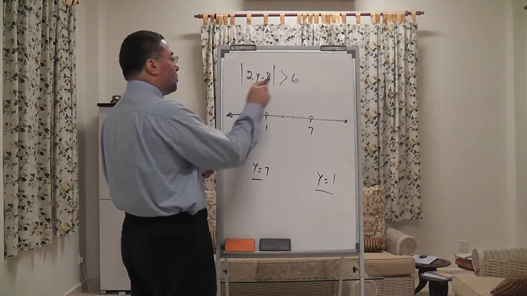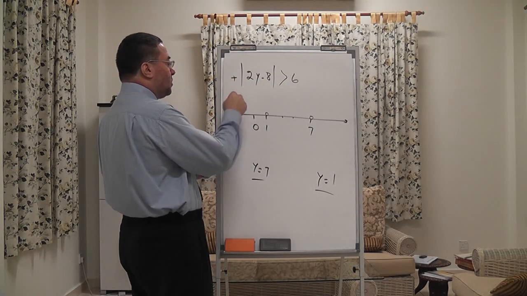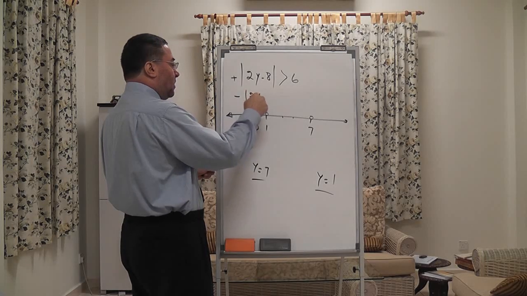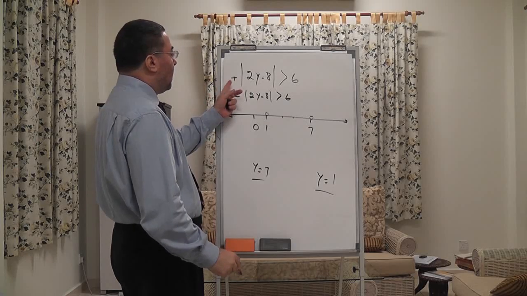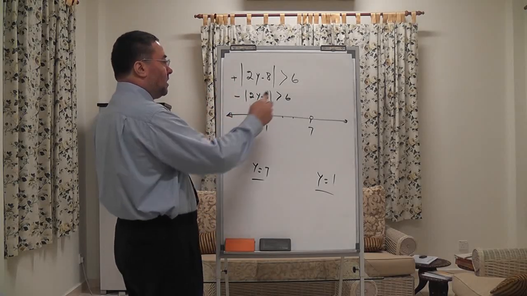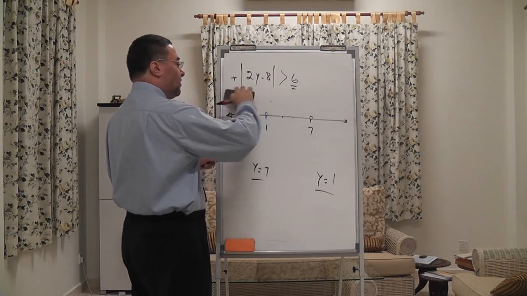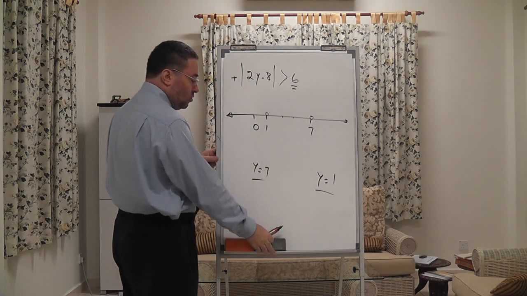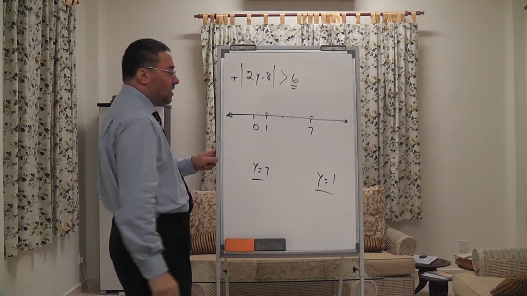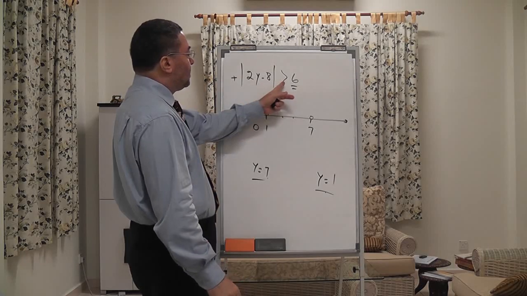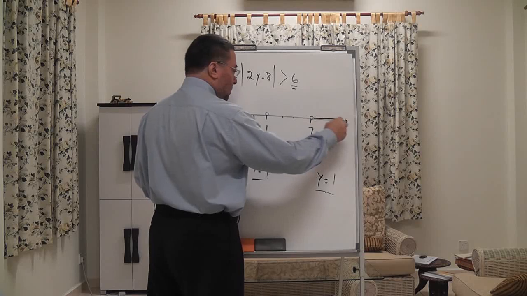And when we reach a point like this where our absolute value is positive, there is no negative sign in front of it, it is completely isolated, and there is only one number on the other side, then we solve it as if it is an inequality. We get the roots, and in this case they are 1 and 7. And when it is more than, then the solution is outside the roots.